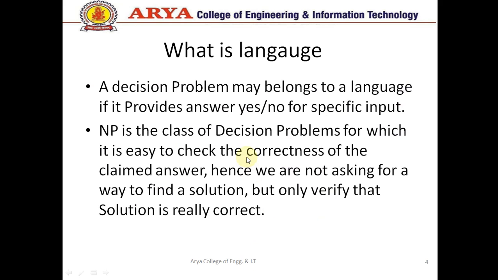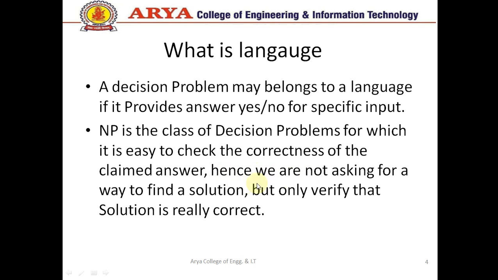Next, what is a language? A decision problem may belong to a language if it provides the answer yes or no for the specific input. That means if we give any input value to a machine, then it gives the answer yes or no. So NP is the class of decision problems for which it is easy to check the correctness of the claimed answer.